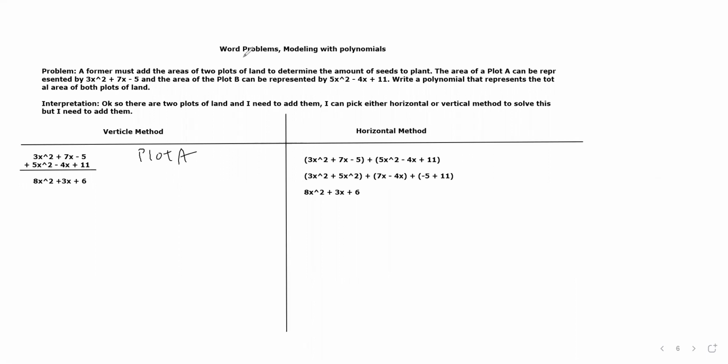Plot of A plus plot of B gives me my final, right?